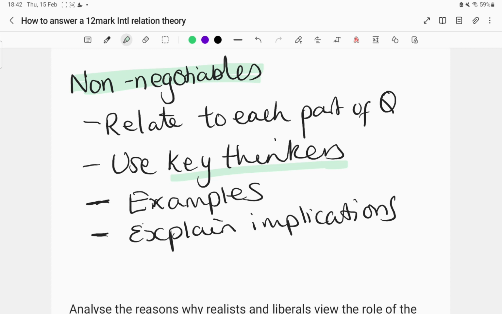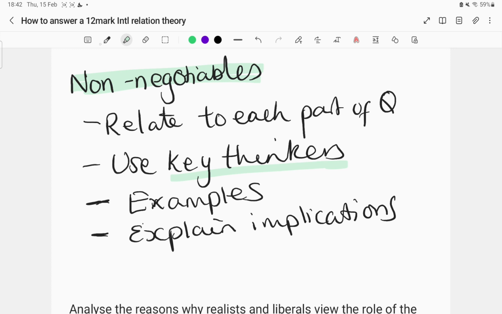So just thinking about not just leaving it as a, this is what realists think, here's my example, moving on. It's what are those implications, and being able to compare them, because this is a comparison question, is very key. So they're the things that I would say you really should think about and practice as well, because some of these things don't come naturally.